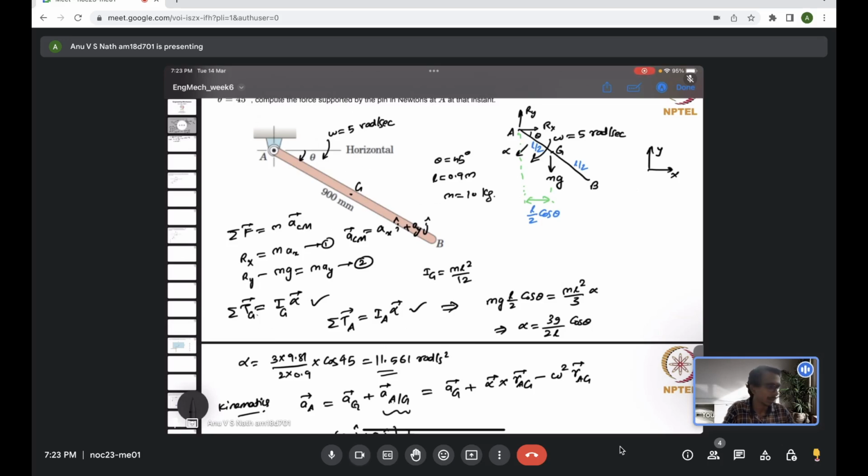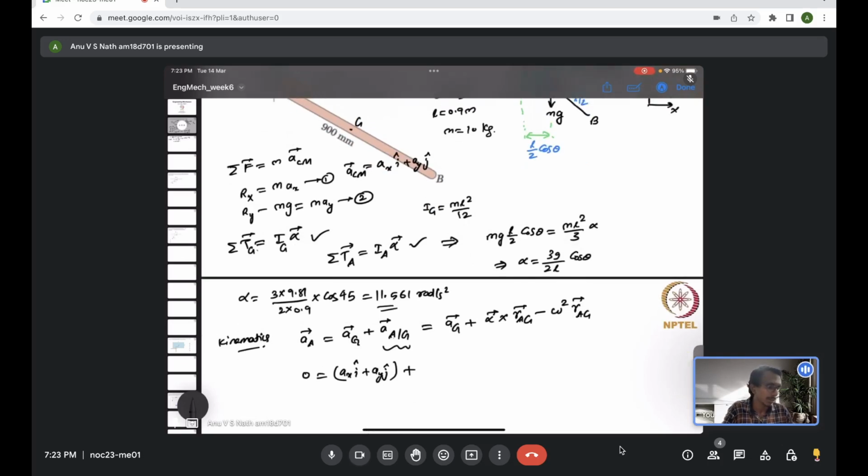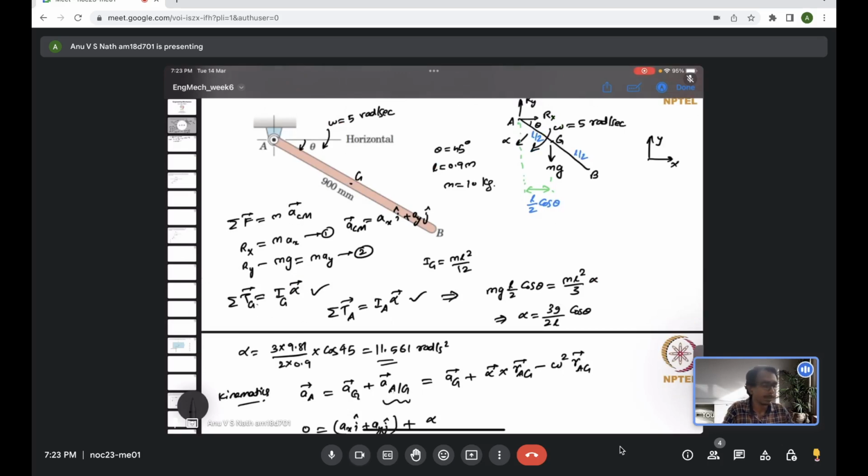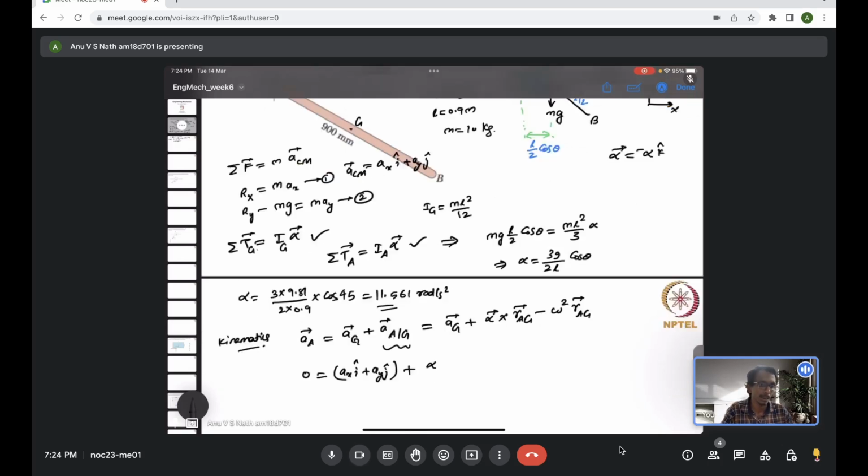In the right-handed system, the counterclockwise direction is the positive sense. The way I chose alpha here is clockwise, so the actual alpha vector will be the negative of that, by the convention.